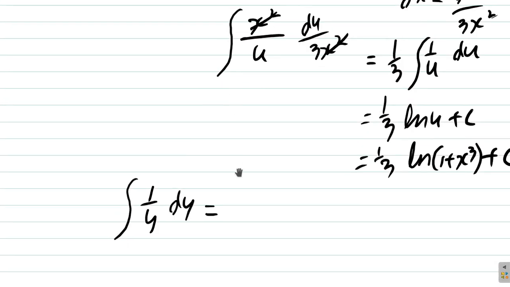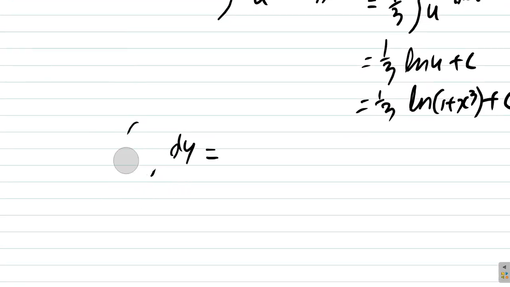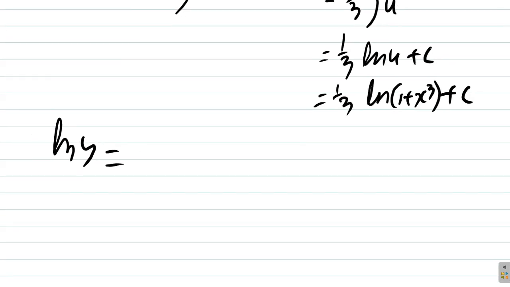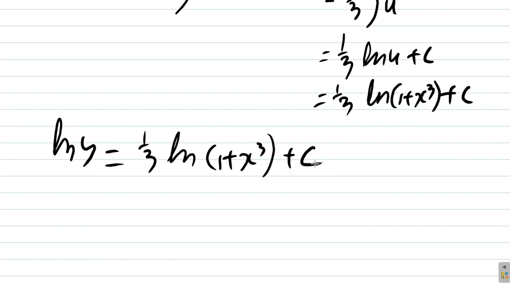It's ln y. Just realize we already integrated it. So ln y is equal to 1/3 ln of 1 plus x cubed plus c. Alright, so there we have that.